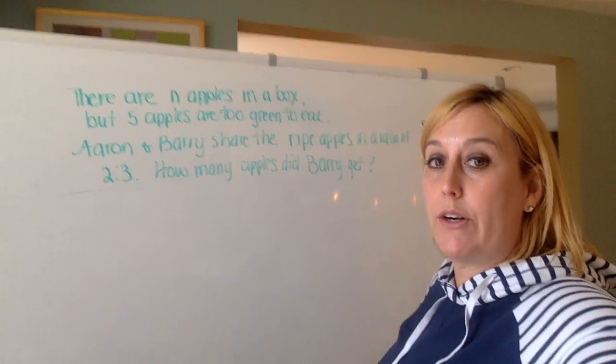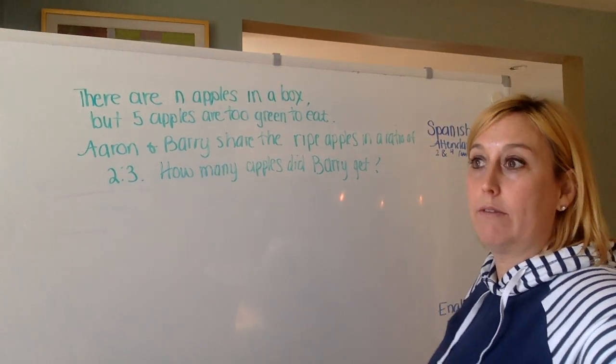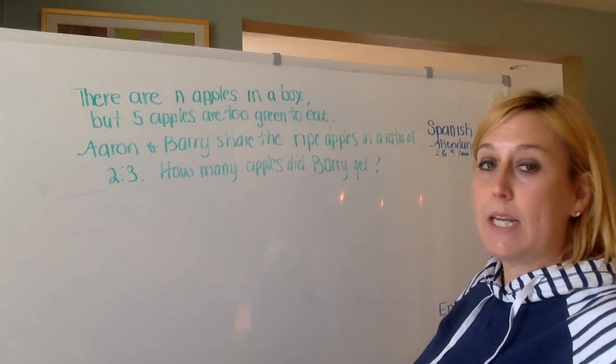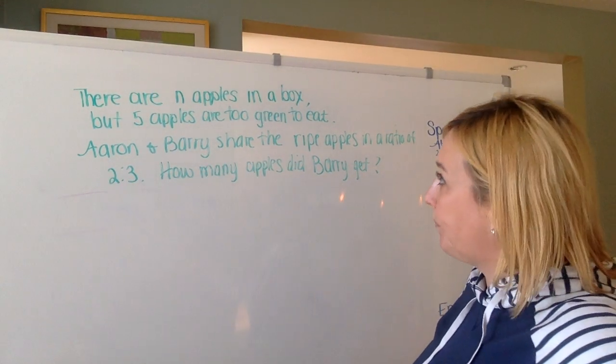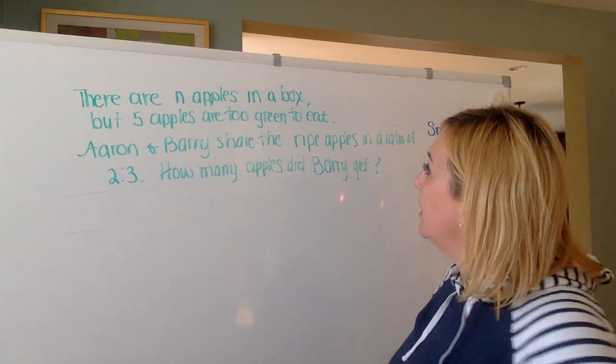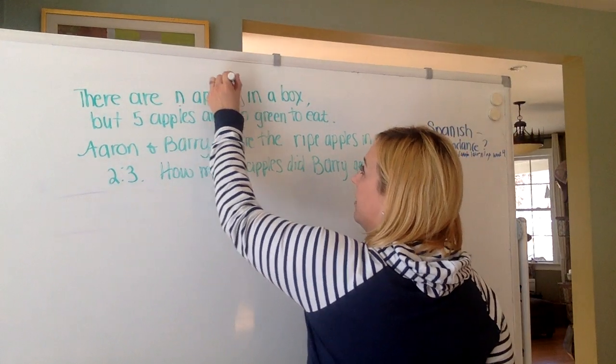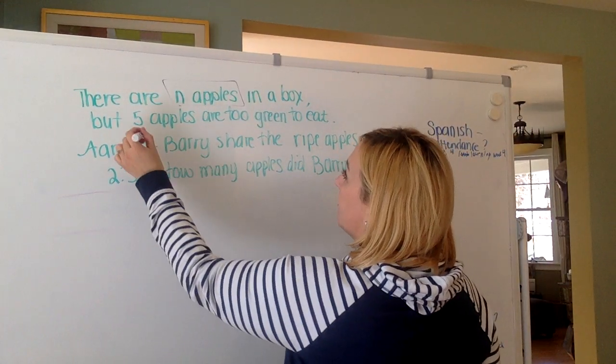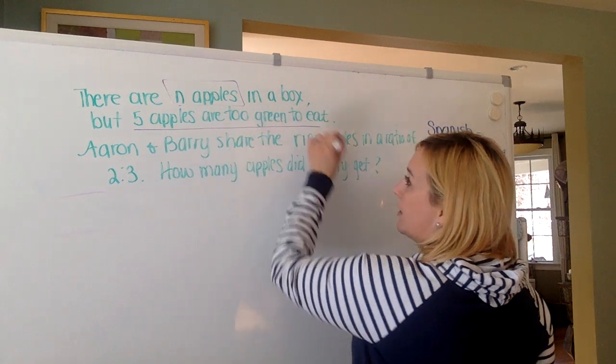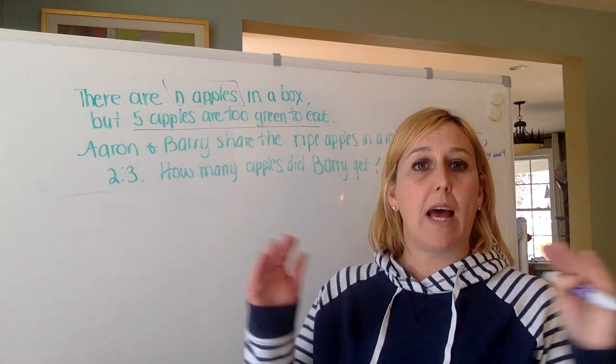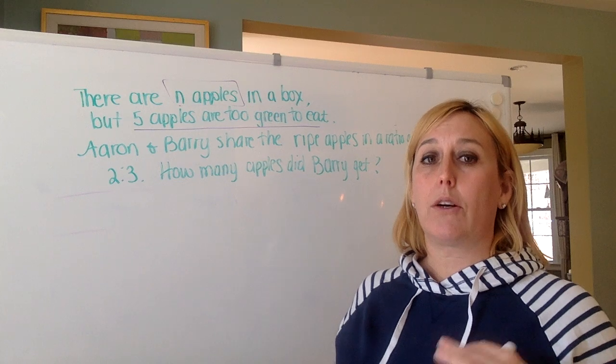Aaron and Barry share the ripe apples in a ratio of 2 to 3. How many apples did Barry get? So there are n apples, right? 5 are too green to eat. So out of those n, there are 5 that they are not going to be eating.